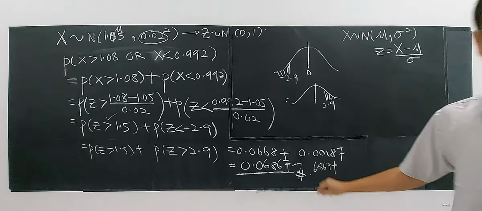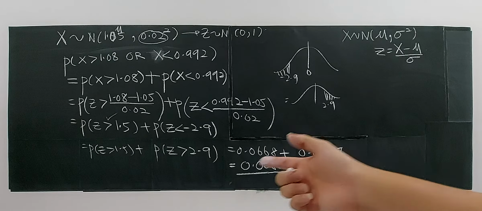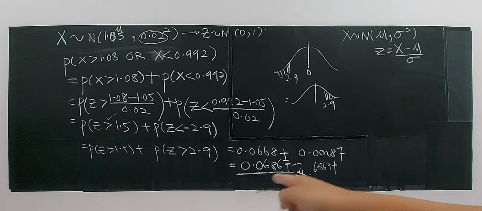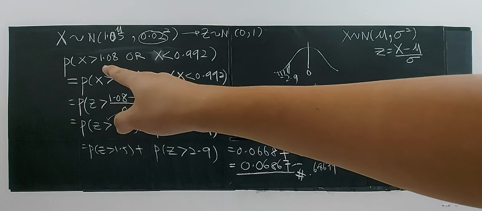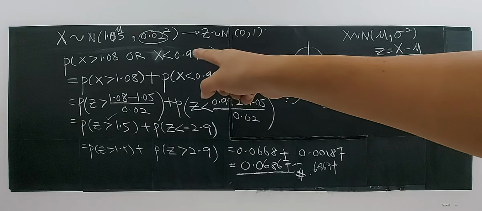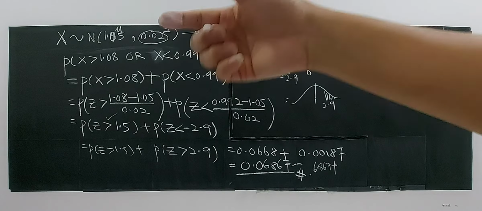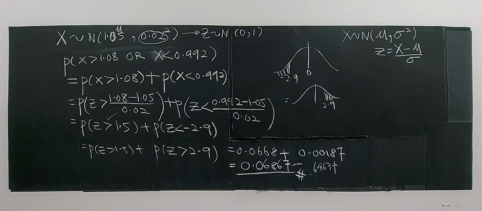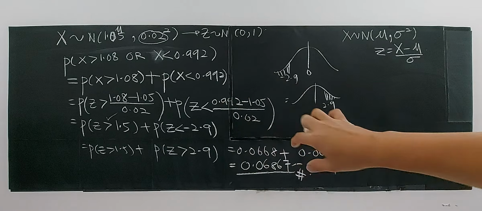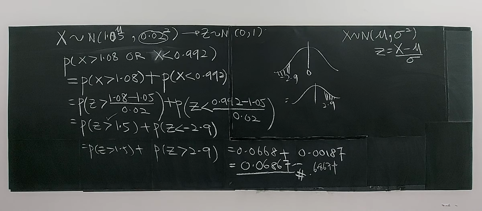It's a very small amount, contributing a very small percentage for the thickness of the paper being more than 1.08 millimeter or less than 0.992 millimeter, either of these two. But this is just for your knowledge. The answer here will be 0.0686. That's all for this question.